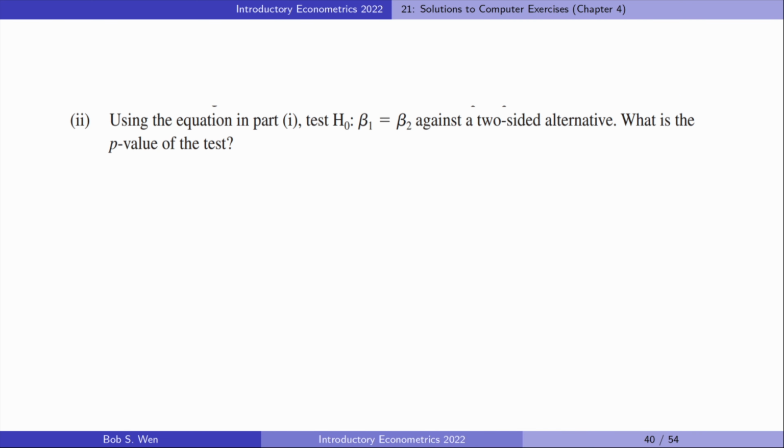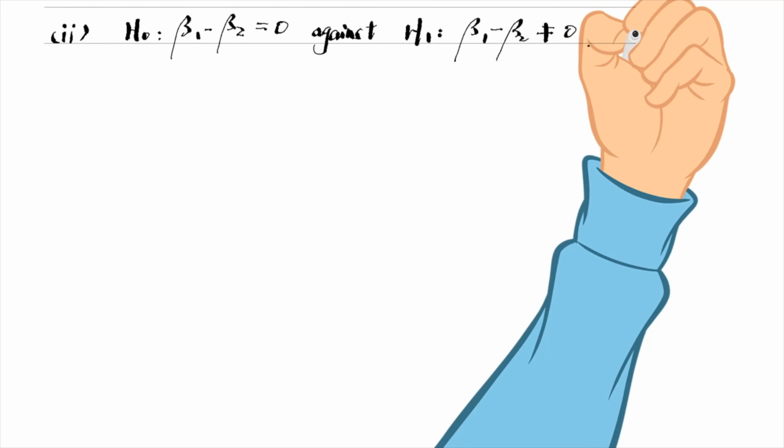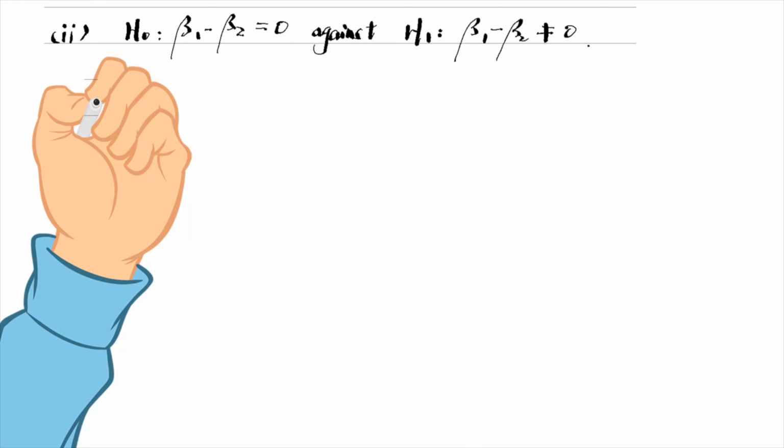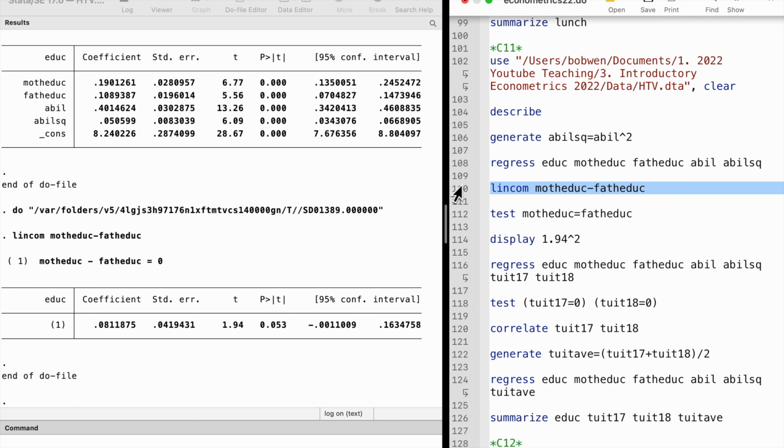The second part tests the null hypothesis that beta 1 equals beta 2 against a two-sided alternative. The null hypothesis can be written as a linear combination of parameters, beta 1 minus beta 2 equals 0, against a two-sided alternative, beta 1 minus beta 2 does not equal 0. In Stata, we can use the command lincom to do the t-test for a linear combination of parameters.